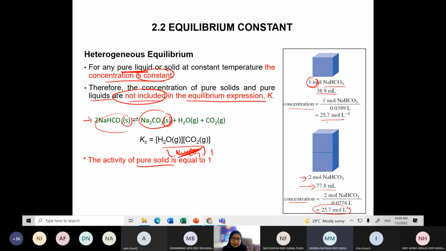Tak ada masalah, boleh calculate concentration. It's just that bila you calculate, kalau dia kecil, that means dia still proportionate dengan volume dia. 1 mole, so volume dia kecil lah. Tapi kalau we have 2 mole, the volume increases, betul tak? But when you calculate the concentration, the concentration is still the same.